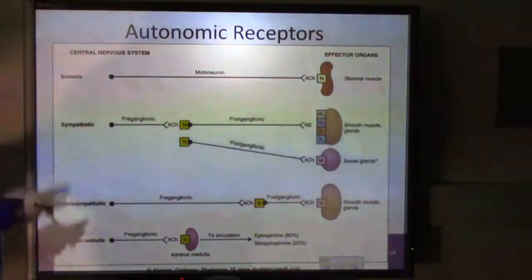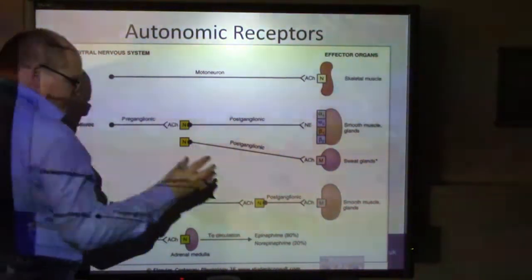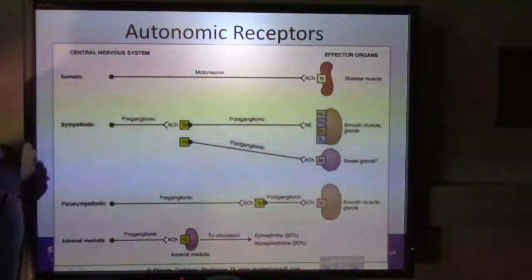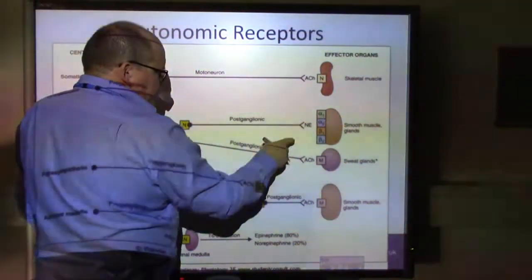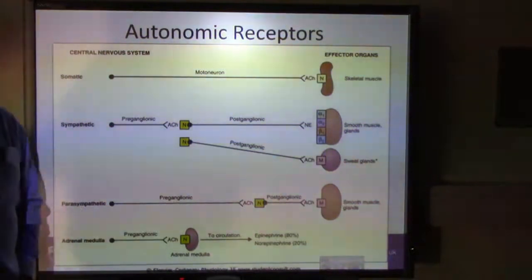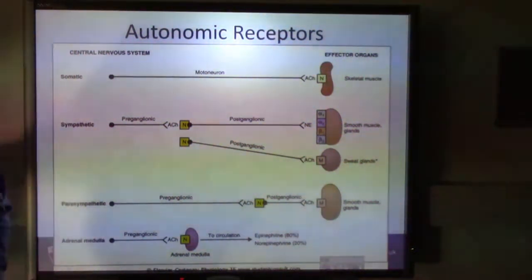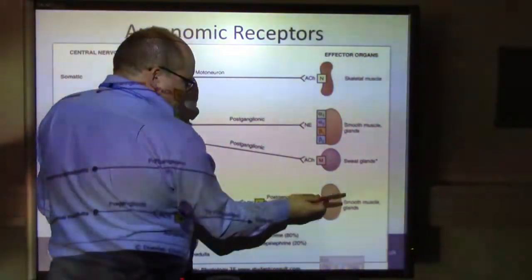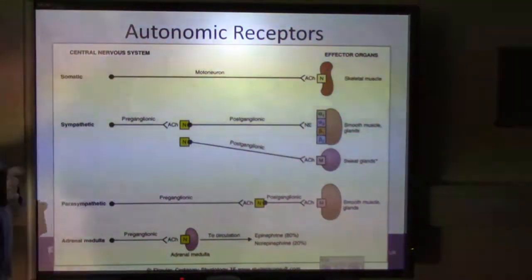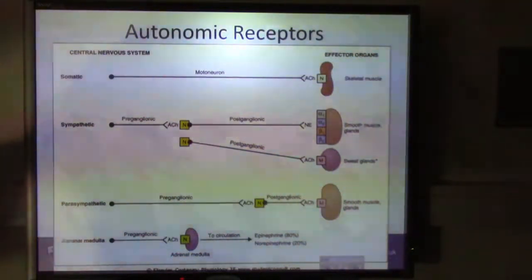But the bottom line is, regardless of the fact that the ganglionic connection is the same, it's the terminal part that's different. Sympathetic releases noradrenaline to work on alpha 1, alpha 2, or beta 1 and beta 2 adrenergic receptors, whereas parasympathetic releases acetylcholine to work on muscarinic receptors when you've got the dual innervation.